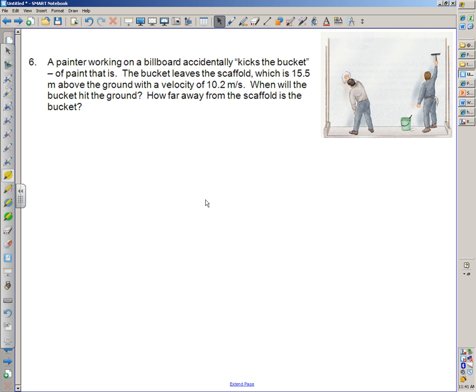Wait, aren't they washing windows? Yeah. Maybe they're doing like a texture. But you don't know, do you? Yeah, he's painting with a squeegee. No, maybe it's one of those roller things. I don't think so. You can think whatever you want, but if I said a guy cleaning windows kicks the bucket, that doesn't work.